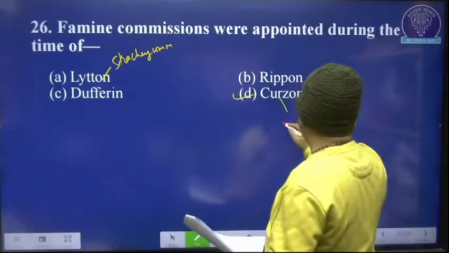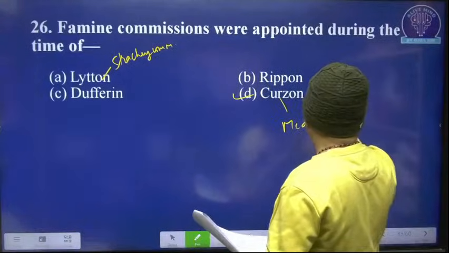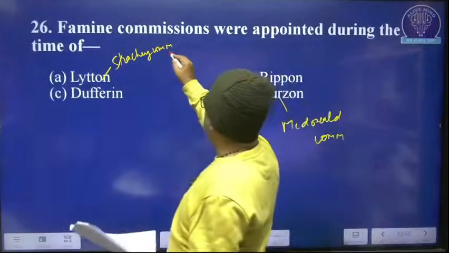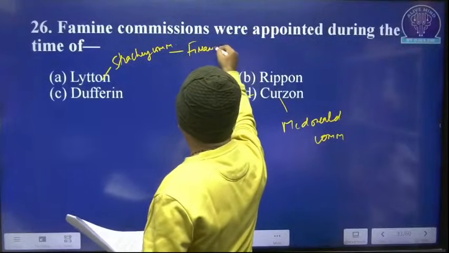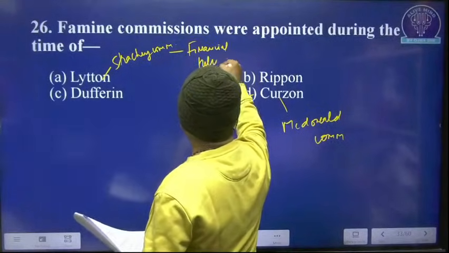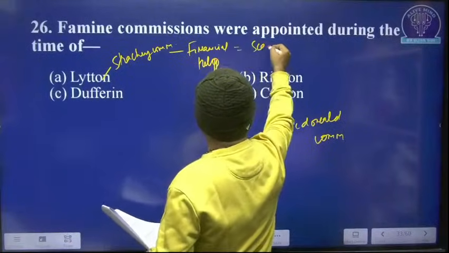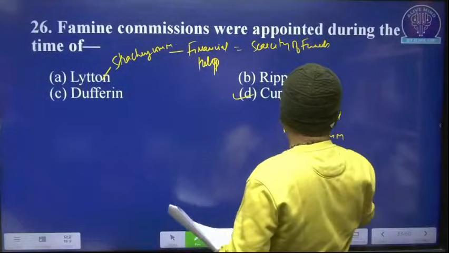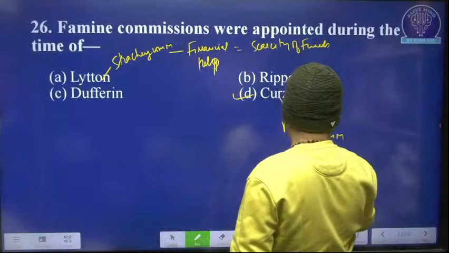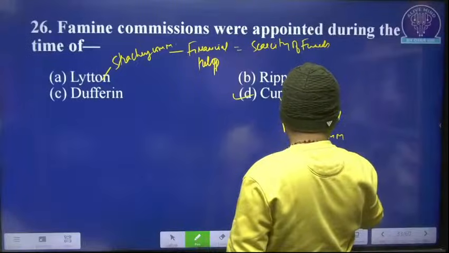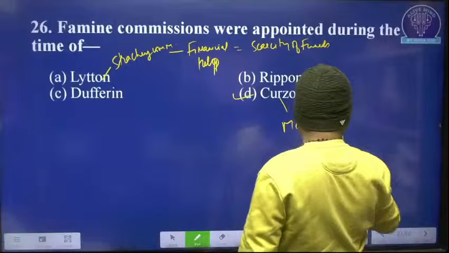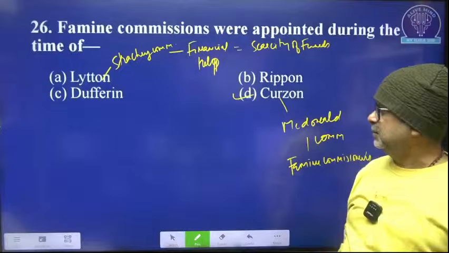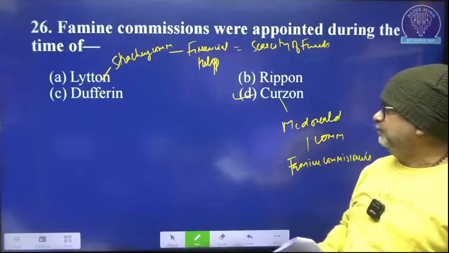Commission during the time of Curzon, MacDonald. Strachey said give financial help to the people, but Lytton refused. He said scarcity of funds. Curzon appointed famine commissioners. What was the reason for these famines? Commercialization of agriculture. 26D.